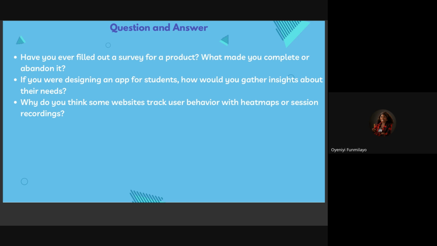What I would do if I was to design an app for a student is, first of all, I will look at the competitors around that field. Then I get insights from them and understand what they are currently doing in that space. After that, I would conduct user research.